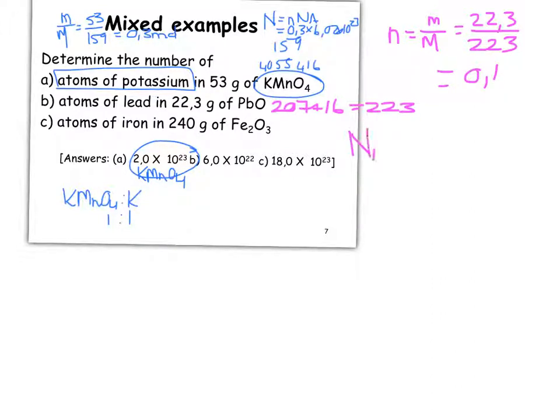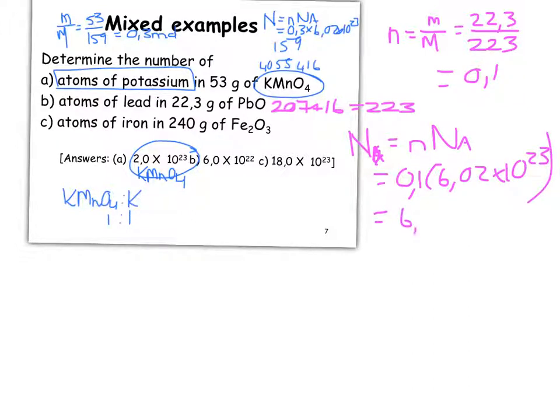Therefore, number of particles is equal to number of moles times Avogadro's number, which is 0,1 multiplied by 6,02 times 10 to the power of 23. And I land up with 6,02 times 10 to the power of 22 lead oxide particles.